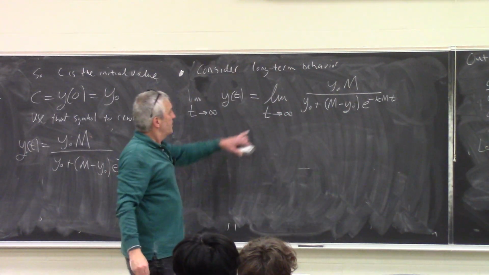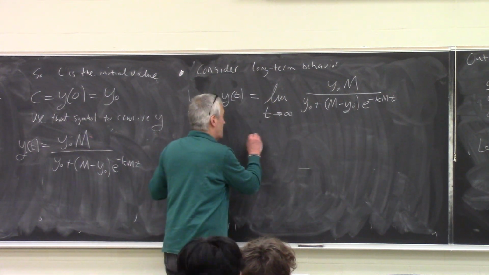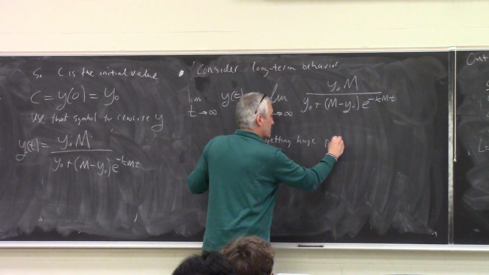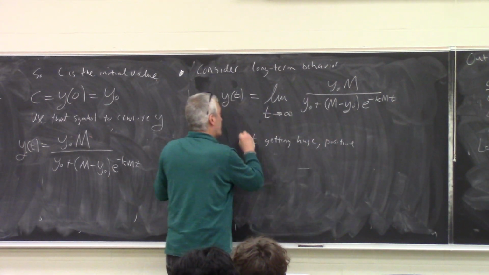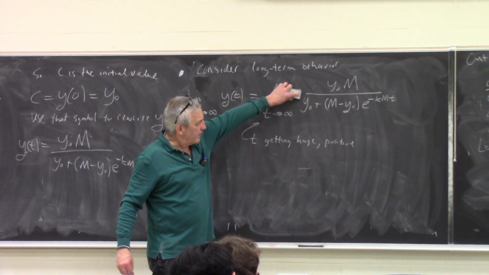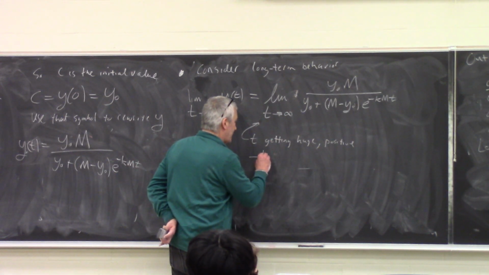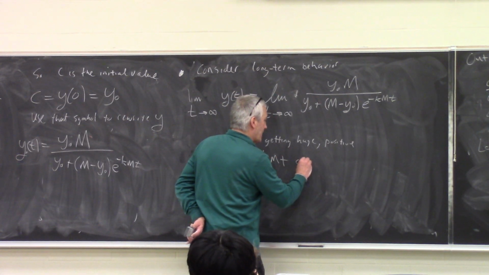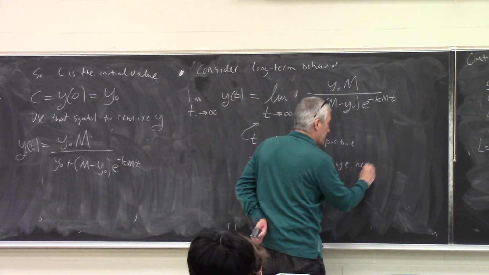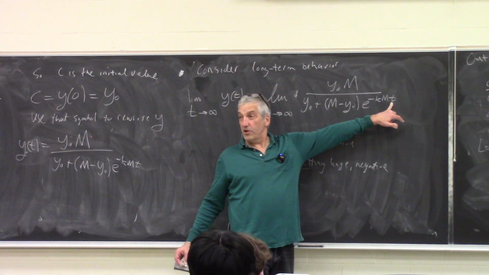Okay, so this symbol tells us that t is getting huge and positive. So we're supposed to look at this and imagine what's going to happen when t gets more and more positive. So that means that minus kmt is getting huge and negative. So that stuff that's up there in that exponent is getting huge and negative.